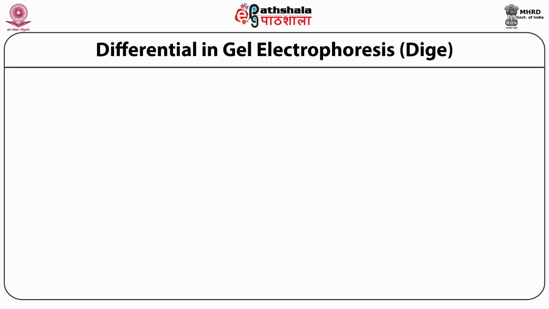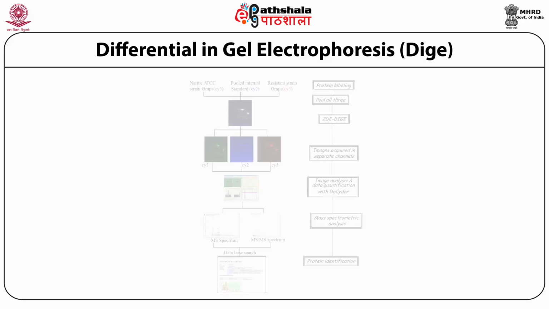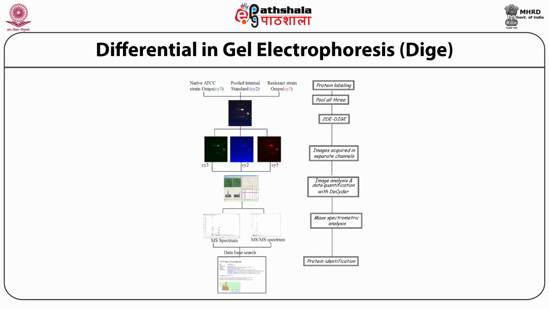This shows the experimental workflow for proteomic analysis using DIGE technology. I am just showing a comparative DIGE analysis which was previously discussed. For that, we require protein labeling first, then pooling of all three samples, then third is 2D DIGE.